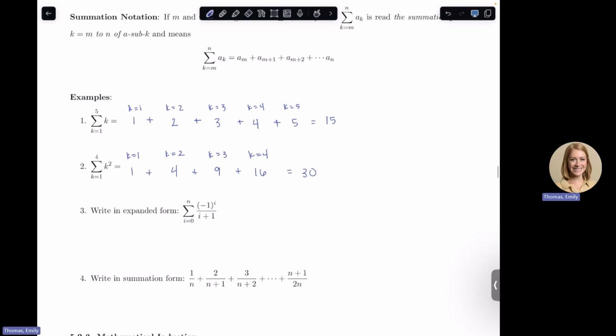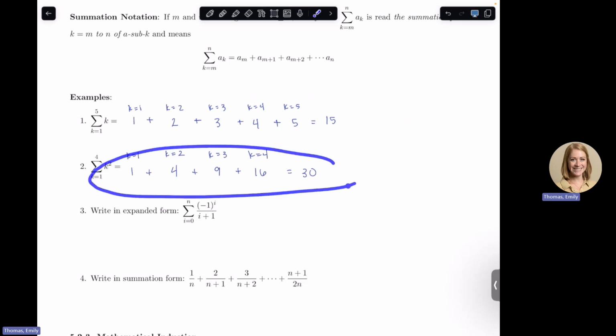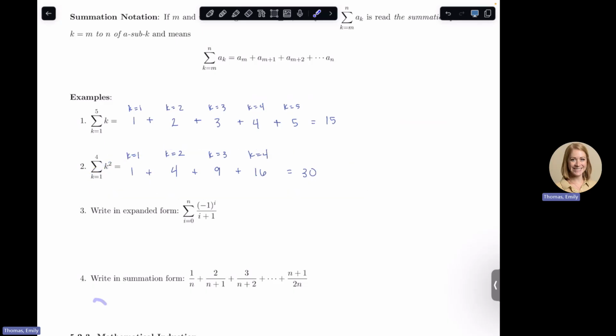Okay. Now we're going to write this in expanded form. So we're going to start with i equals 0. So we're going to go with -1 to the 0 over 0 plus 1, plus.